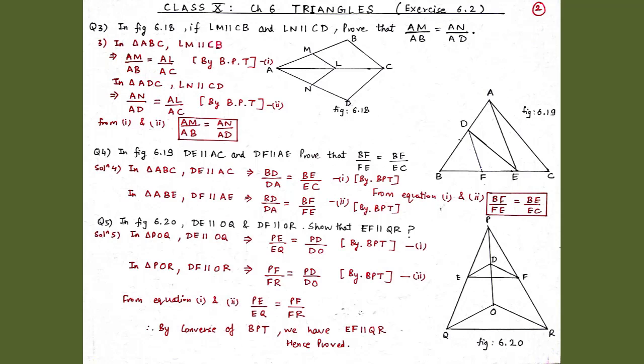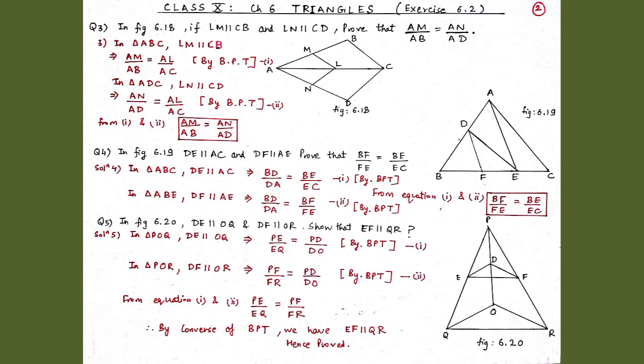And now our third question for today is, in figure 6.20, DE is parallel to OQ and DF is parallel to OR. So we have to show that EF is parallel to QR. First, we will consider triangle POQ in which DE is parallel to OQ. So by BPT, we can write it as PE upon EQ is equal to PD upon DO. And now we will consider triangle POR in which DF is parallel to OR, which is given in our question.